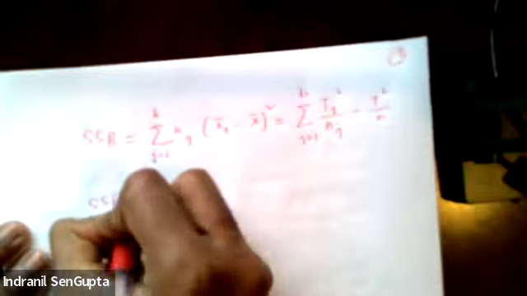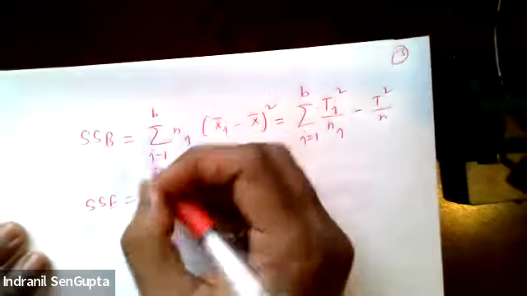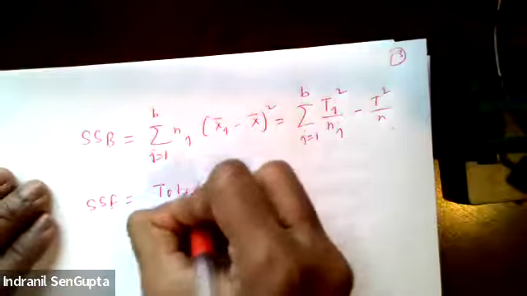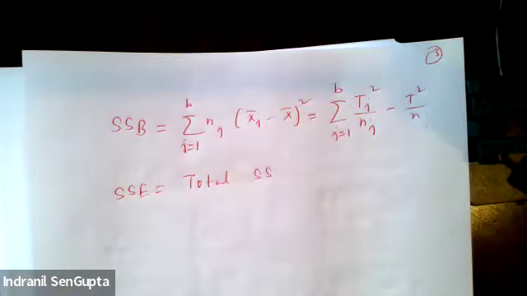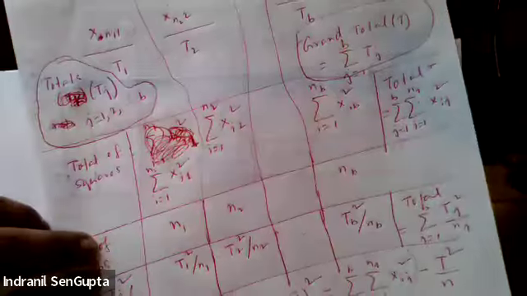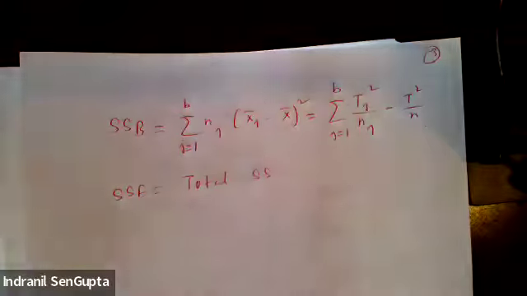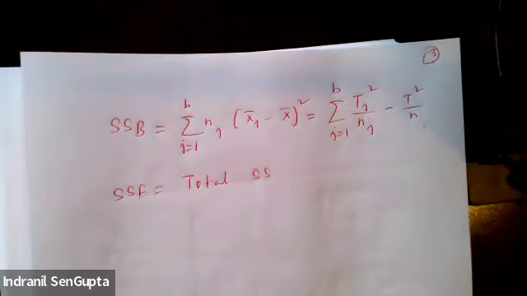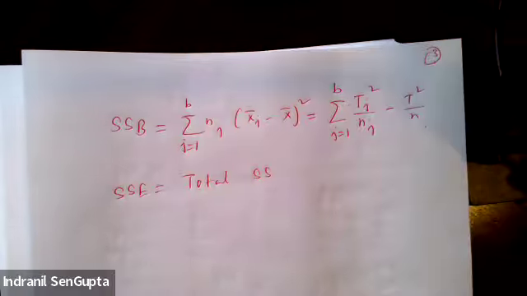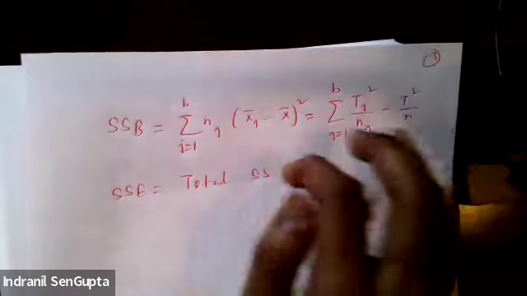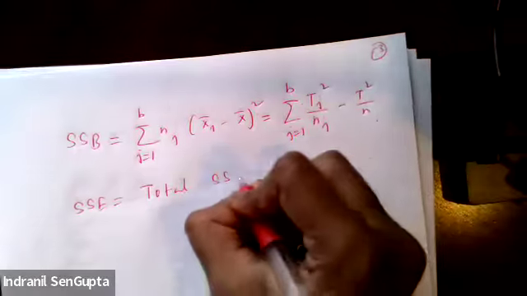SSE is really the total SS, the total sum of squares. The sum of squares is broken into parts, right? We know that the total SS is SSB plus SSE, so SSE is total SS minus SSB.